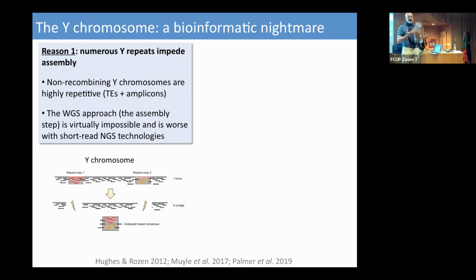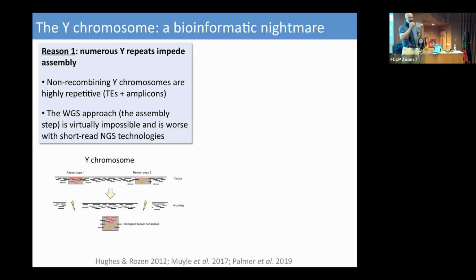This step is called assembly, and it's a very well-known problem. When there are repeats in a genome, this makes the assembly difficult, because the different copies of an element tend to collapse and assemble together, as shown here in this picture, and this leaves gaps in the assembly.